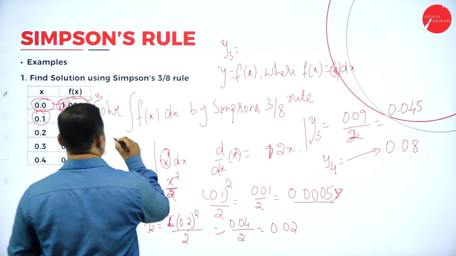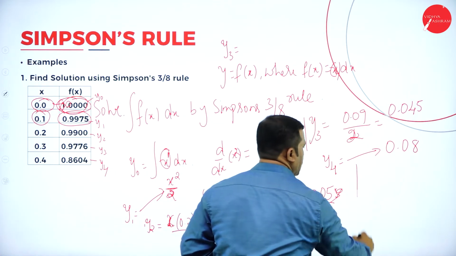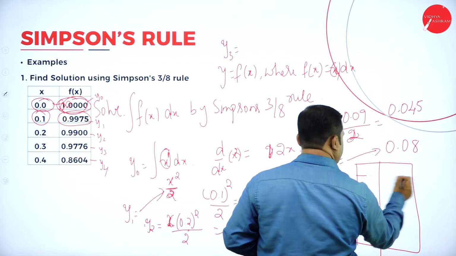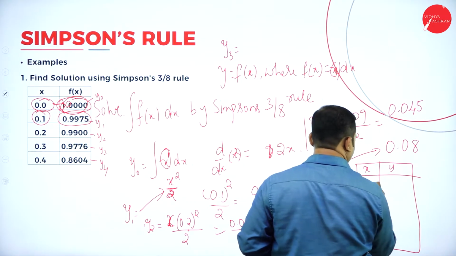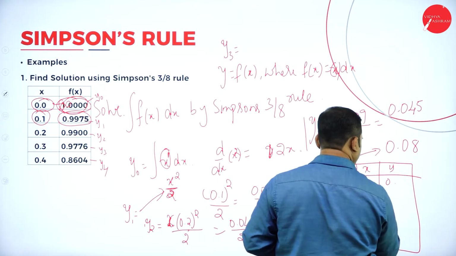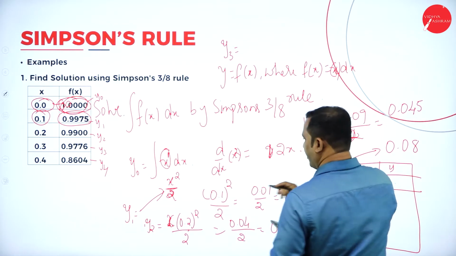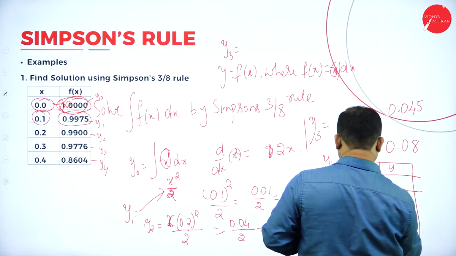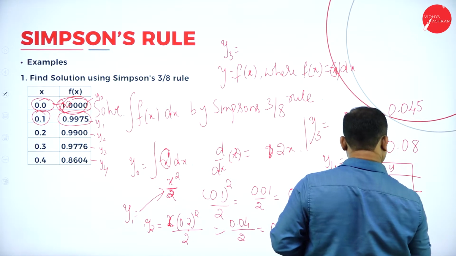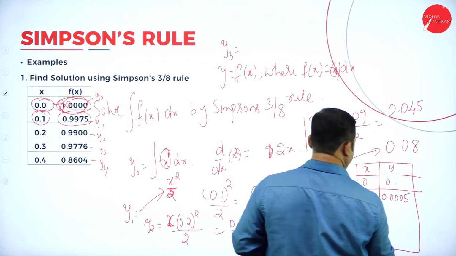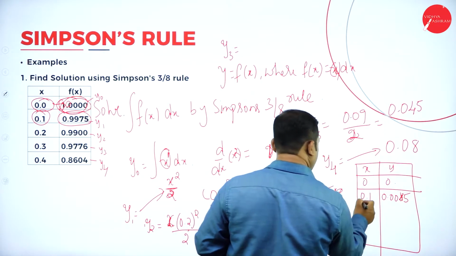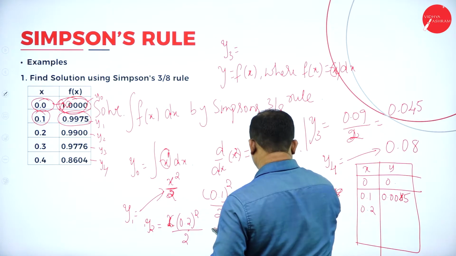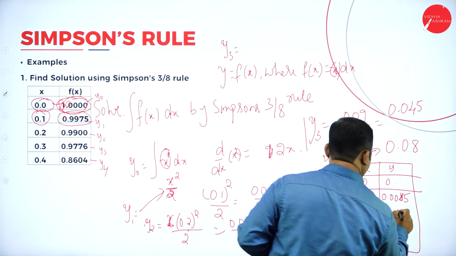So if that is the case, I can tabulate the results as, when x and y, x is this, what is the value of y? When it is 0, we have 0 here. When it is 0.1, we have y1, that is equal to 0.005, not 0.0005, it is 0.005. 0.2, it is y2, it is 0.02.